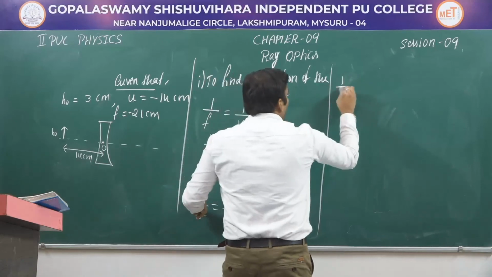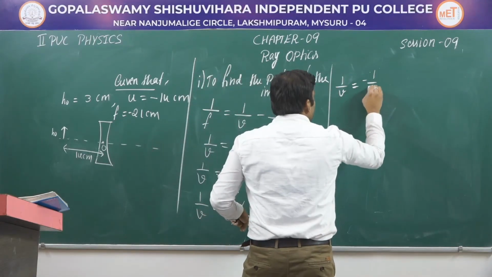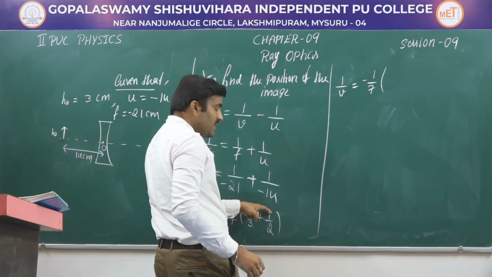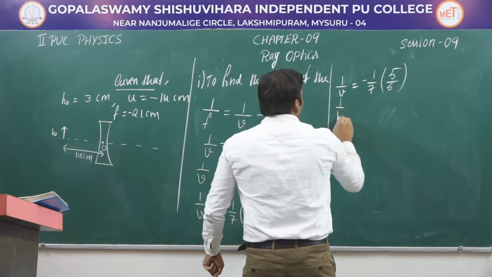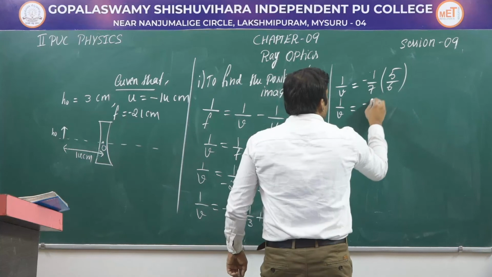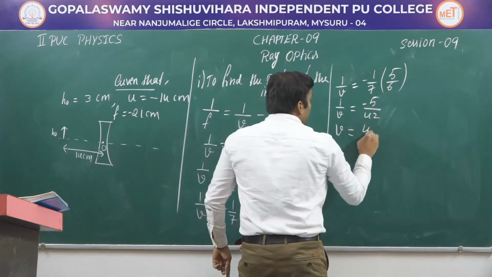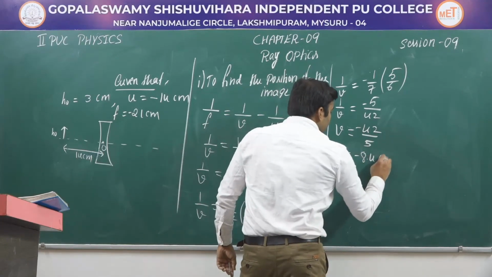So the next step is 1 by v is equal to minus 1 by 7 is kept as it is and take LCM here. So 3 into 2 is 6, 2 plus 3 becomes 5 and this will be 5 by 6, correct? So 1 by v is equal to minus 5 divided by 42. But if I want v, we get minus 42 by 5, minus of 8.4 centimeter.